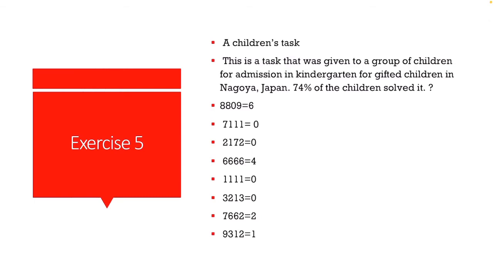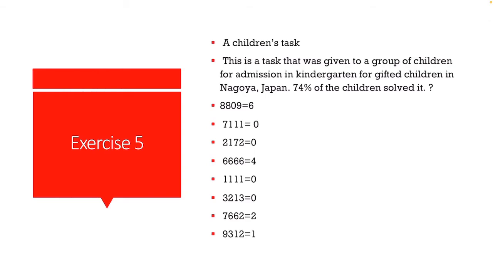Even you can go through from the first number. See, the number is 8809. In the shape of 8 we have 2 circles. Then again in the next 8 we have 2 circles. In the number 0 we have 1 circle, and in the number 9 we have 1 circle. So the total is 2 plus 2 plus 1 plus 1 is equal to 6. If you go through the number 1111, it has 0 circles.